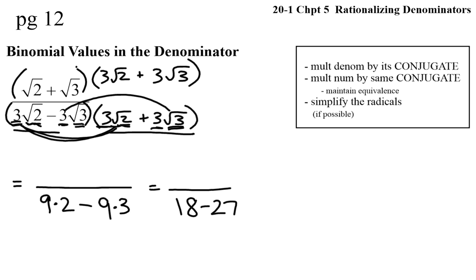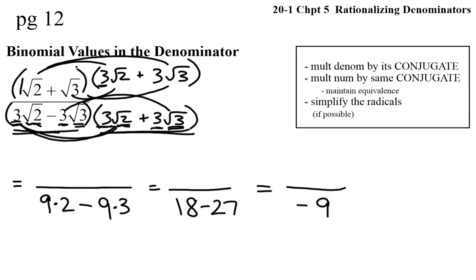So we have 18 minus 27 there, which simplifies to negative 9. So the conjugates simplify that. But up top now, we don't have conjugates. We have to do full-on FOIL for everything, so this is going to become a bigger calculation.